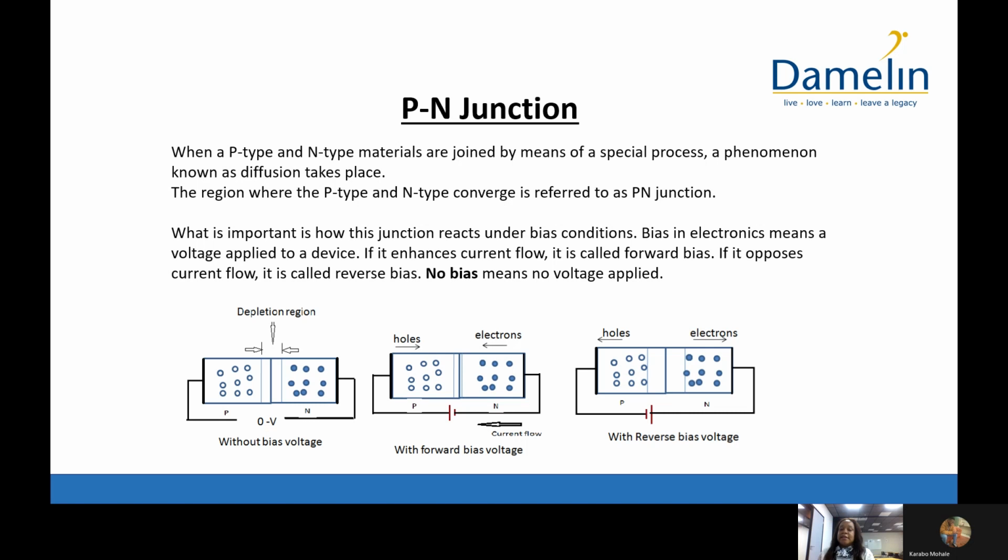In that case, the positive holes on the p type are attracted to the negative polarity of the battery, and the negative electrons are attracted to the positive polarity of the battery. This causes the two components in the material, p and n type, to move away from the junction. So now our junction is getting bigger compared to that of the forward biasing.